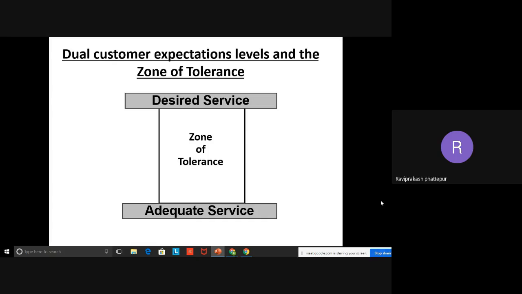So a customer's desired service expectation for an expensive restaurant is it should be clean, the food should be tasty, it should be convenient, and the restaurant should provide them quick service. Okay, this is what you are desiring from an expensive restaurant.